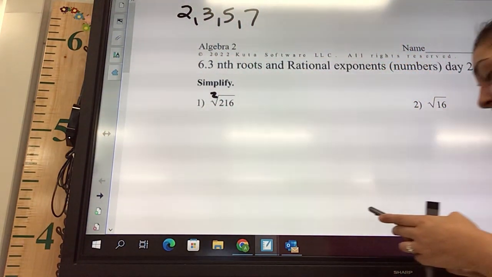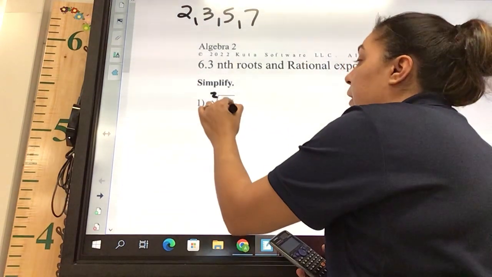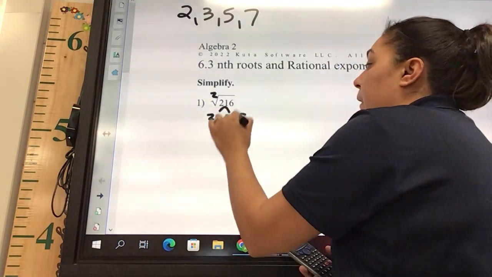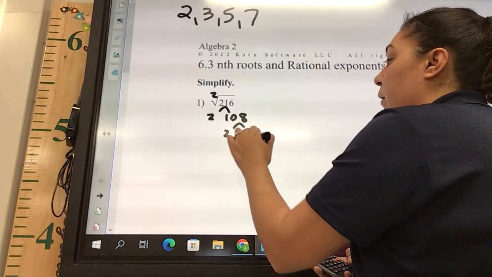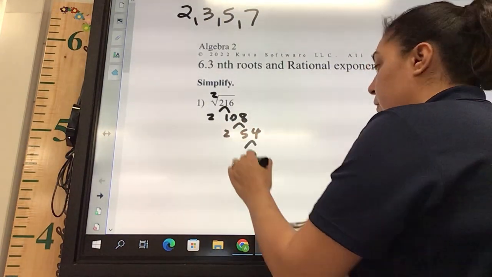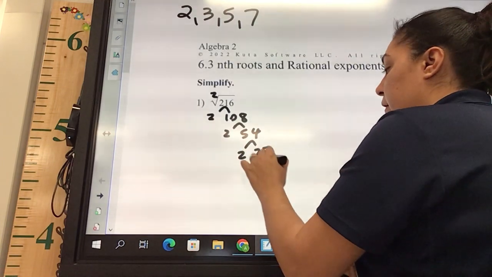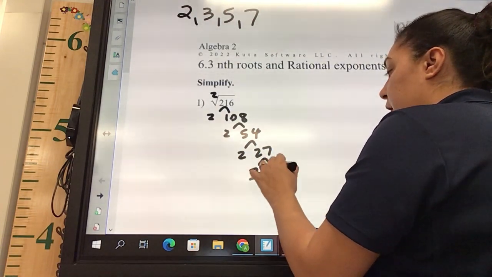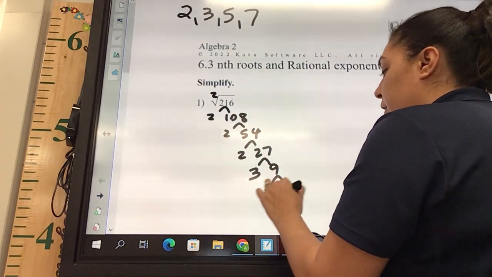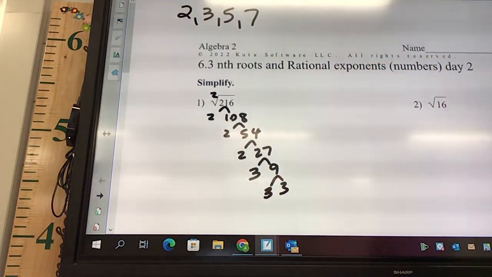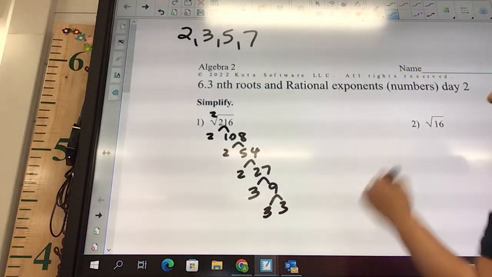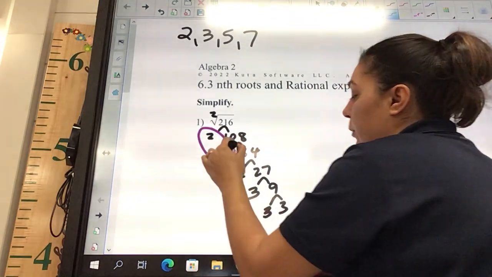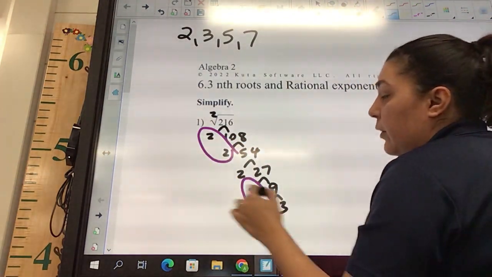So we got 216 divided by 2, that works. So we got 2 and 108. Divided by 2 is 2 and 54. Divided by 2 is 2 and 27. And then this is going to be 3 and 9 and 3 and 3. Well, my group number is 2, so we can take stuff in groups of 2. So I got one group and another group.